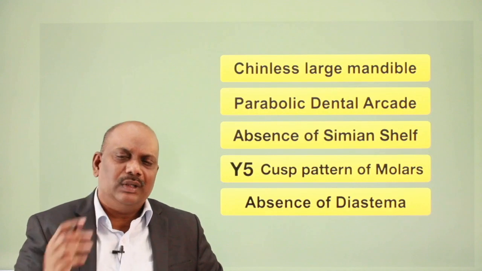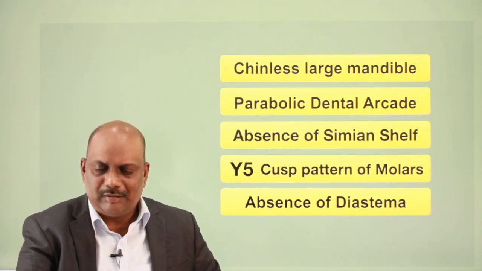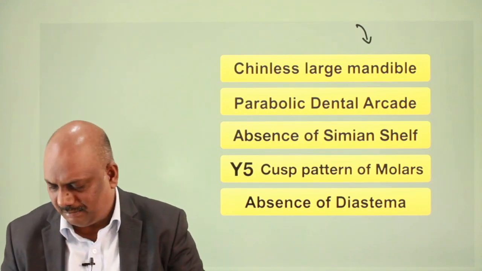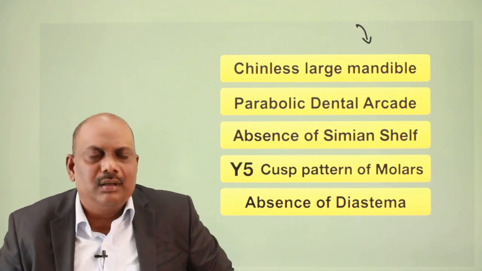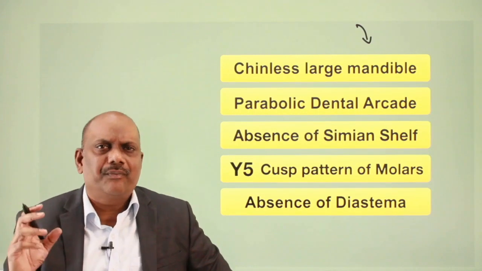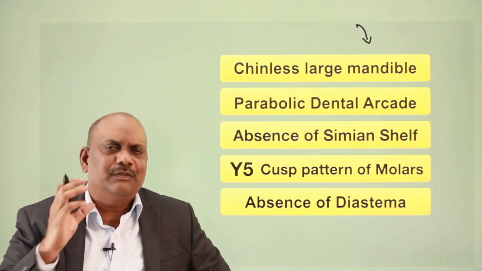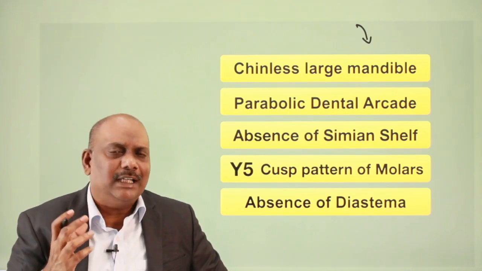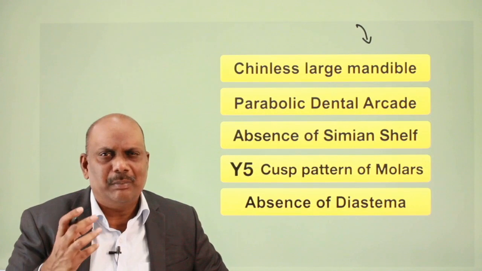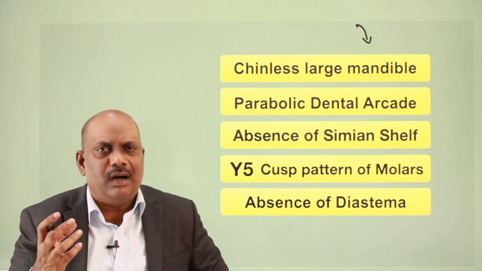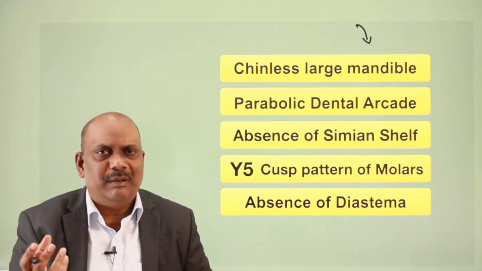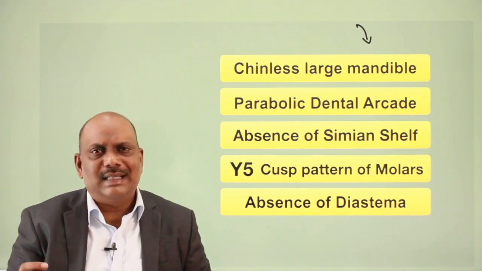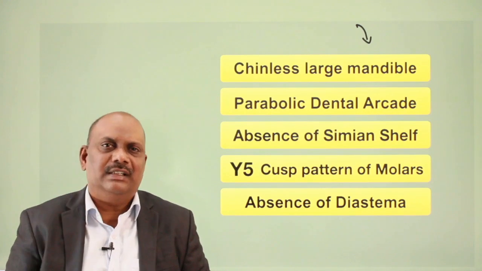The lower jaw is technically called the mandible. As I told you, the mandible of Australopithecus is very large and massive. It was large and massive because there was a need for Australopithecus to bite and chew raw meat, hard nuts, and some fibers, etc. At the same time, the jaw was chinless.